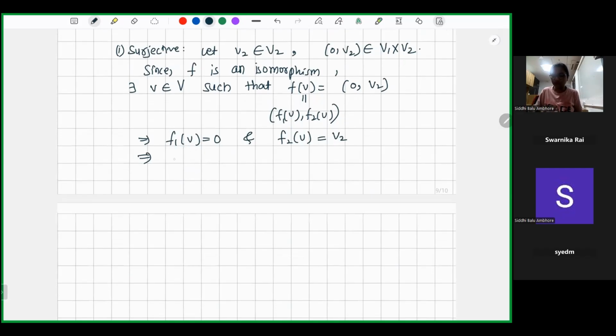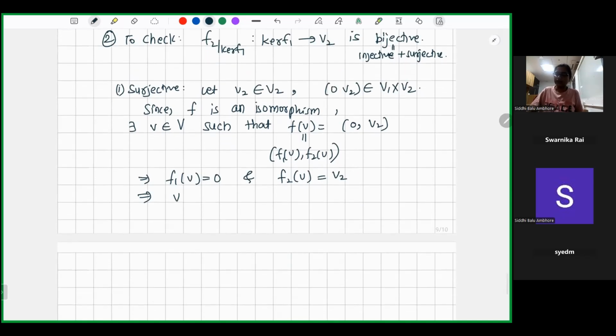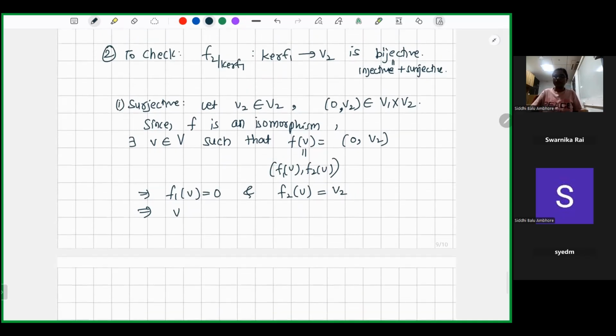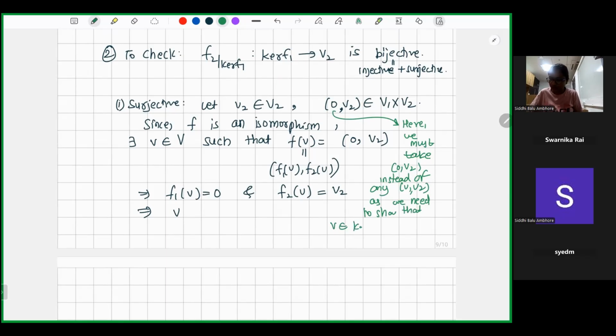Since F1 of V is 0, in this case we can't take any V1 here, because we want to show that the element belongs to the kernel of F1. That's why we are taking 0 here. Here we must take 0 comma V2 instead of any V1 comma V2, as we needed to show that this V belongs to the kernel of F1.